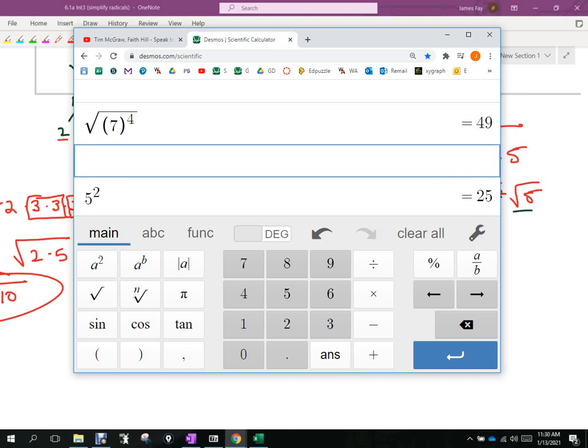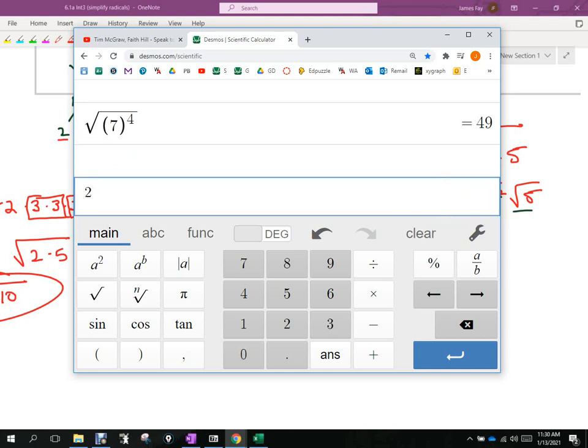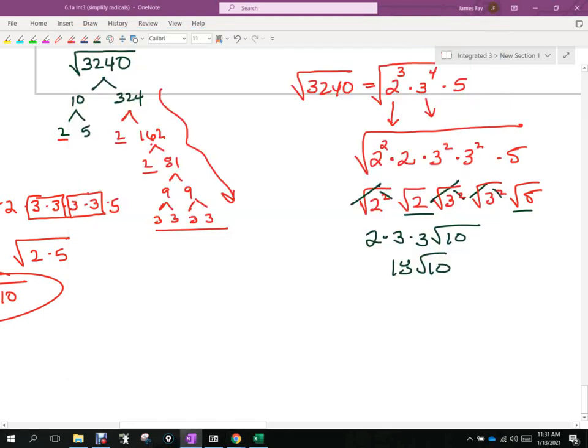What if this number was 7? Square root of 7 to the 4th ends up being 49, right? What's a way to write 49 using exponents? 7 squared. What are you recognizing every single time we do that? If this was x to the 4th, what do you always get when you take the square root of that? X squared.